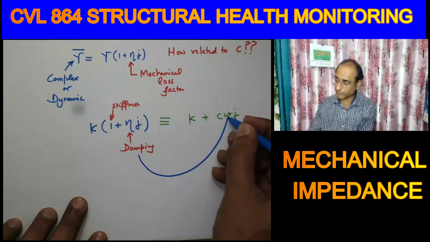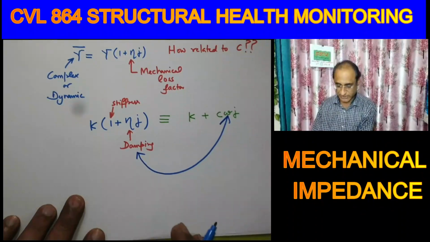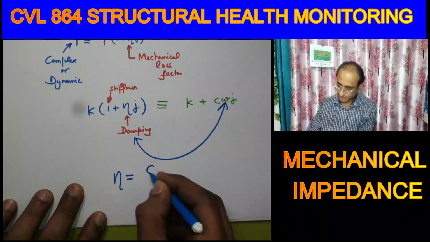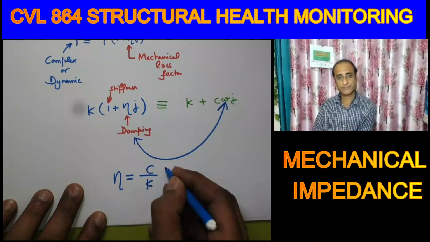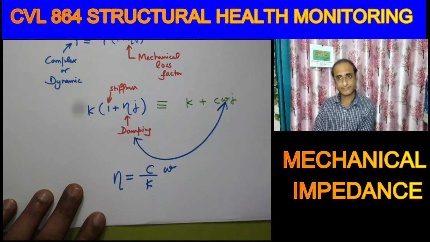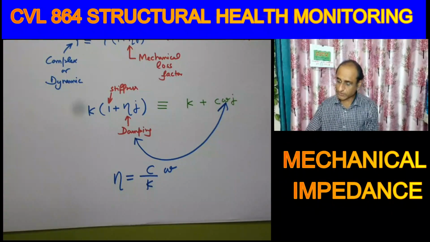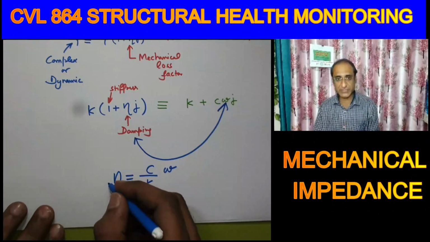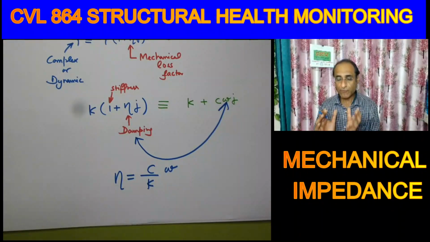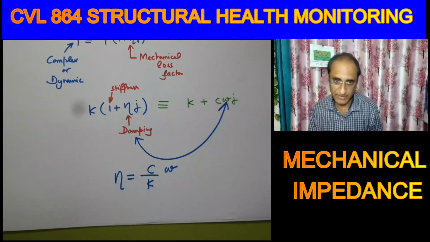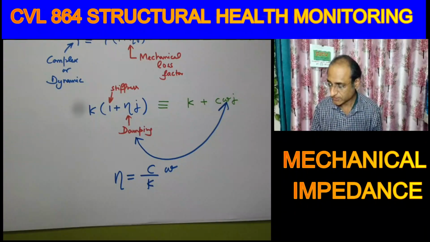We just equate these two and we get eta as C omega by K. So this is a representation of the damping, also as a fraction. How much fraction of stiffness is represented by damping? So it's in fractional terms.